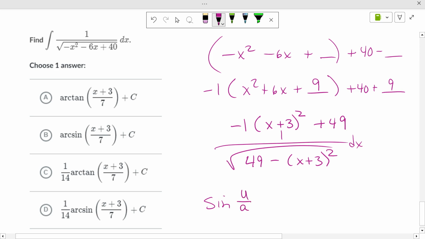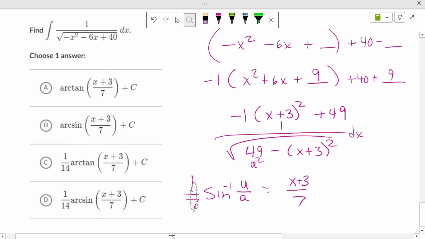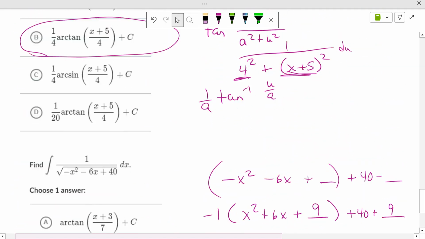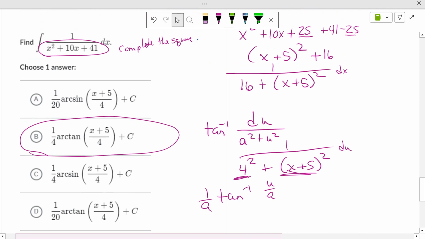On your note card, inverse sine of u over a, where this is a squared. So a would be 7, u would be x plus 3, and it's 1 over a in front, so 1/7. There's no 1 over a, so we don't have to worry about that. So then it should be this one. Okay, best of luck to you today.